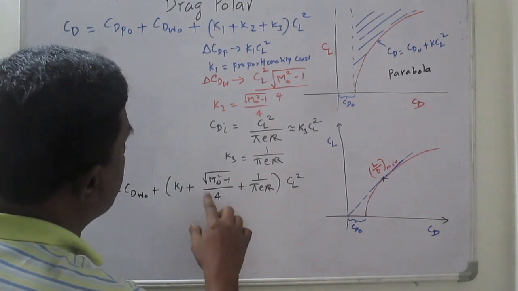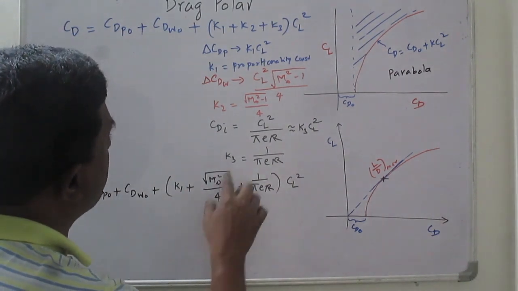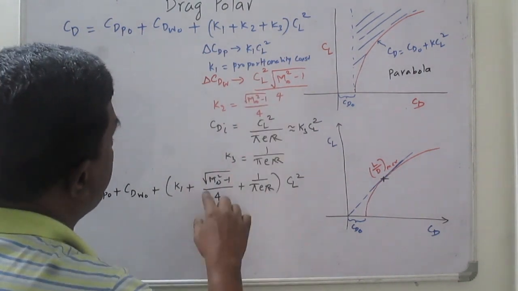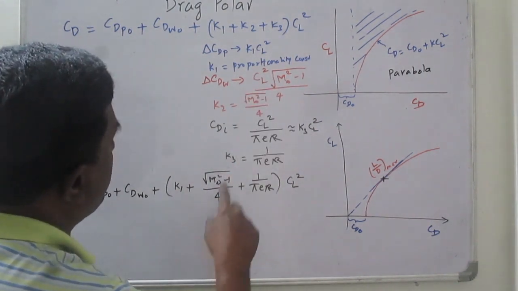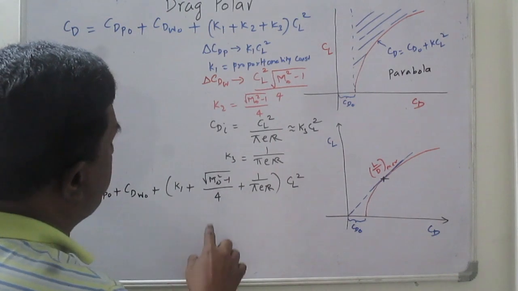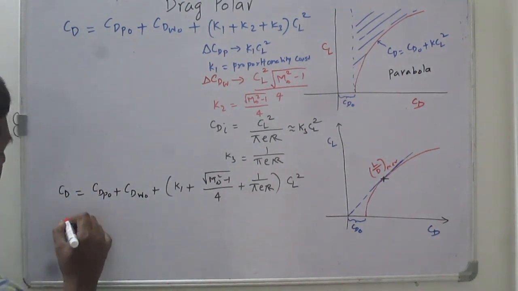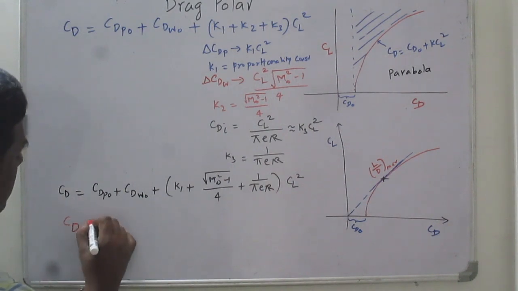If you are omitting this parasite drag component, the incremental in parasite drag, and the incremental in the wave drag component, then we will be considering only this equation. That means we will have only this.